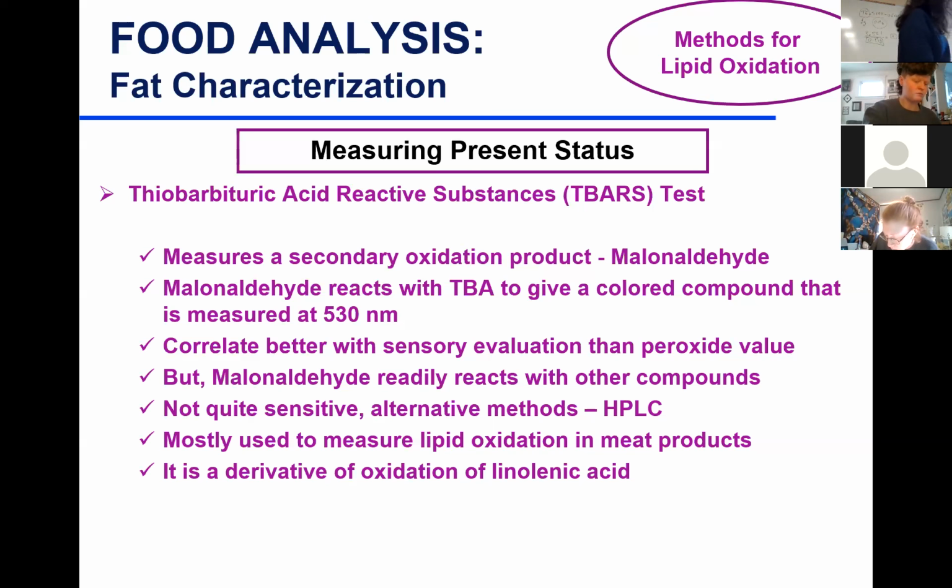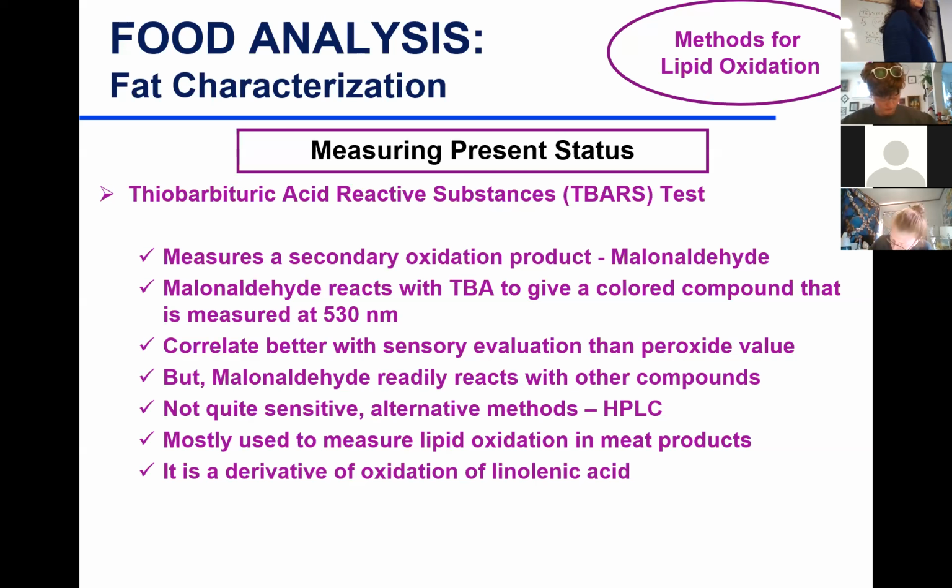It's based on reaction with thiobarbituric acid. The thiobarbituric acid reacts with malonaldehyde to give you a chromogen, a compound that absorbs color, and the absorption is measured at 530 nanometers.